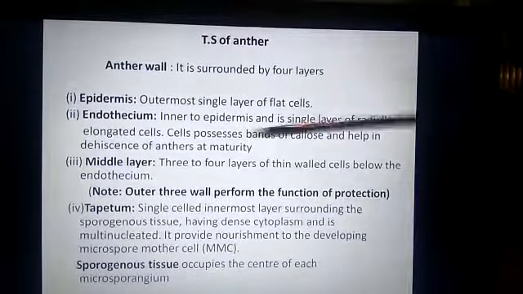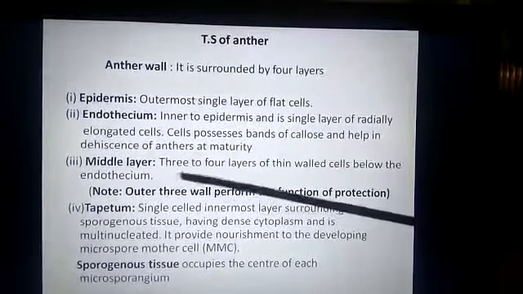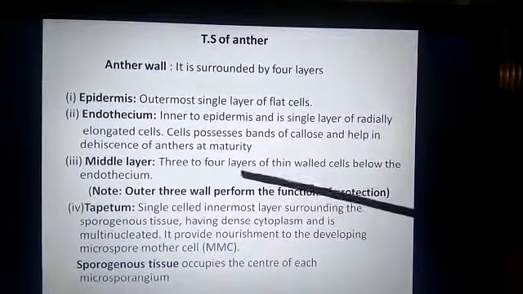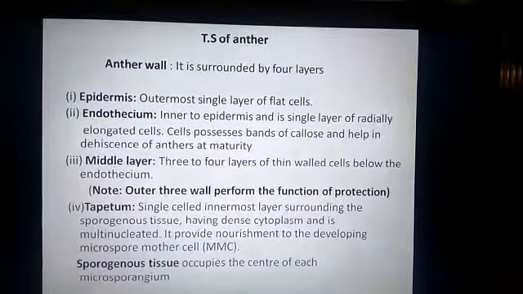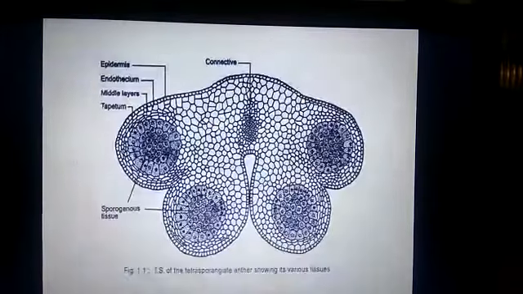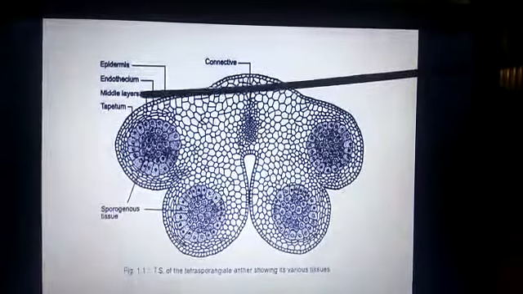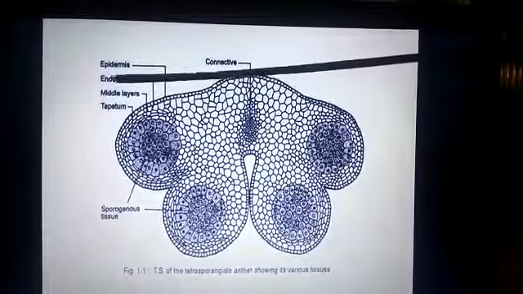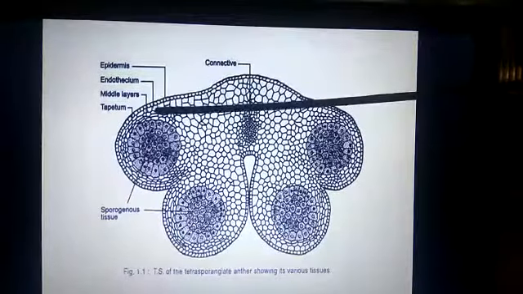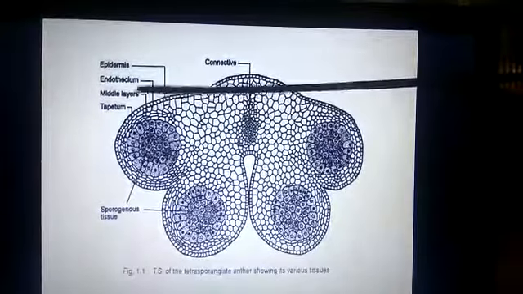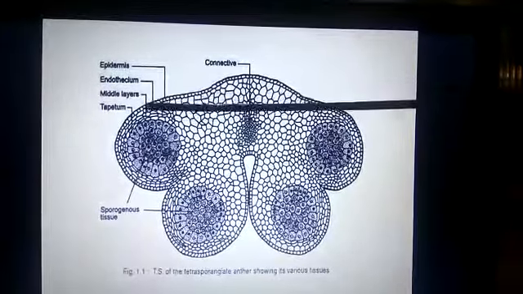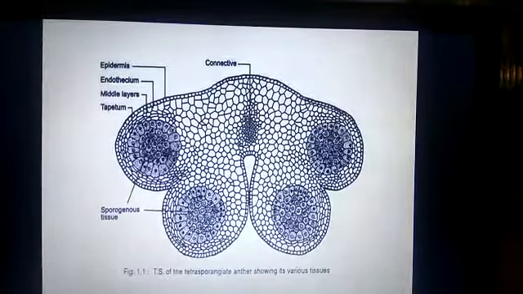The third one is the middle layer. Middle layer comprises 3 to 4 layers of thin walled cells below the endothecium. You look here. This is the middle layer. Below the epidermis we have endothecium, and below the endothecium we have a group of cells called middle layers.